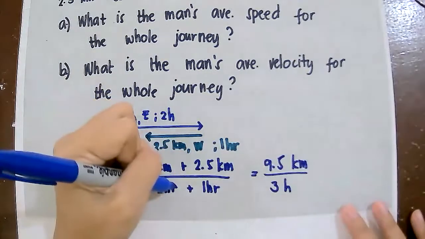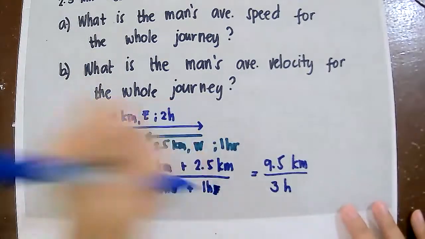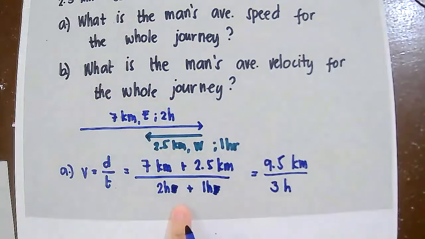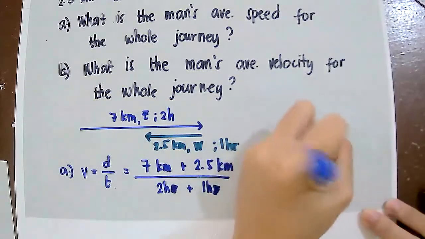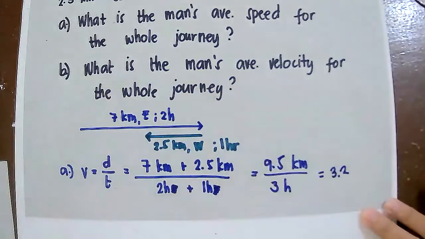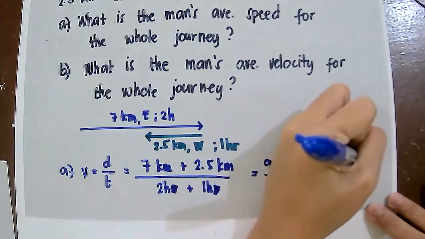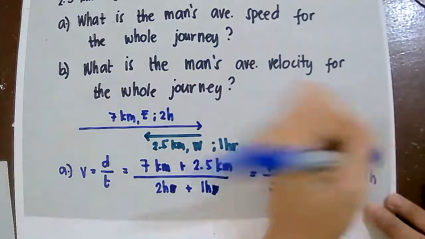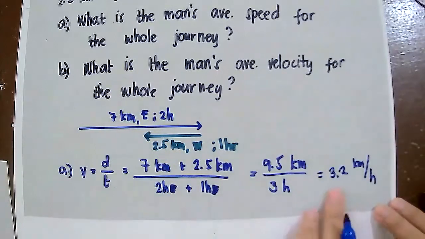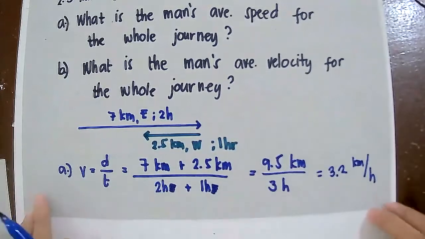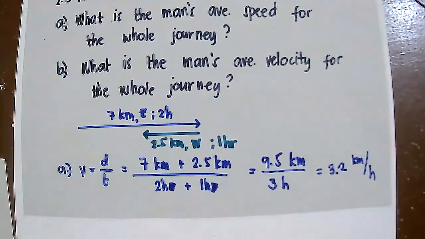I'm sorry, your unit is h lang siya. So letter h lang siya. Sorry for that. Then, dividing the two, you will get 3.2 kilometers per hour. Round off ko lang siya. So you will get 3.2 kilometers per hour. So that is now your speed.